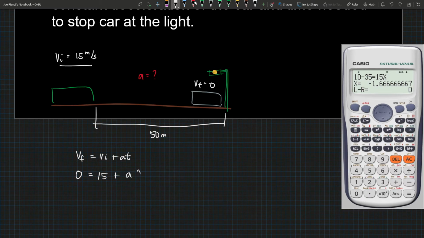So, hindi pala pwedeng gamitin itong formula to. Try natin yung isa, yung ating third formula. Yung VF squared is equals to VI squared plus 2AS. Kasi S is just kung 0 to 50 yun, so 50 lang yung makuha natin. So, substituting the known values, 0 squared is equals to 15 squared plus 2 times acceleration unknown, S distance is 50.